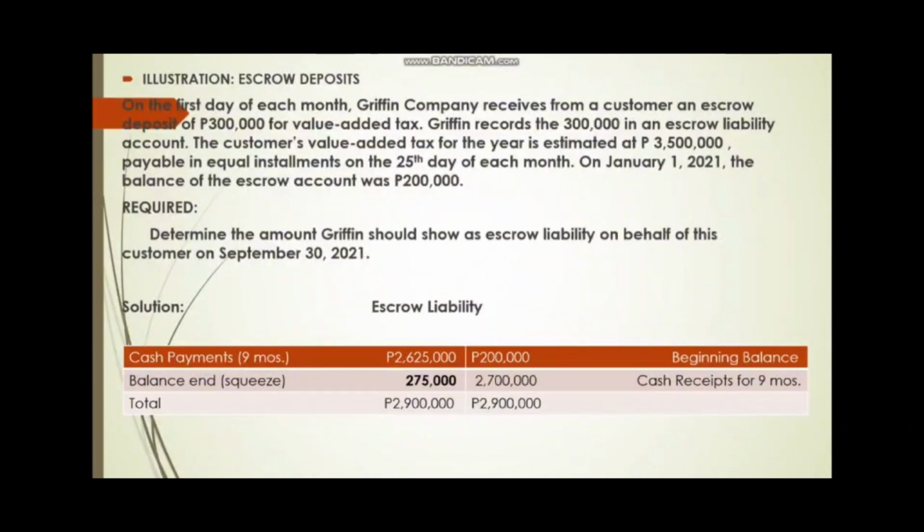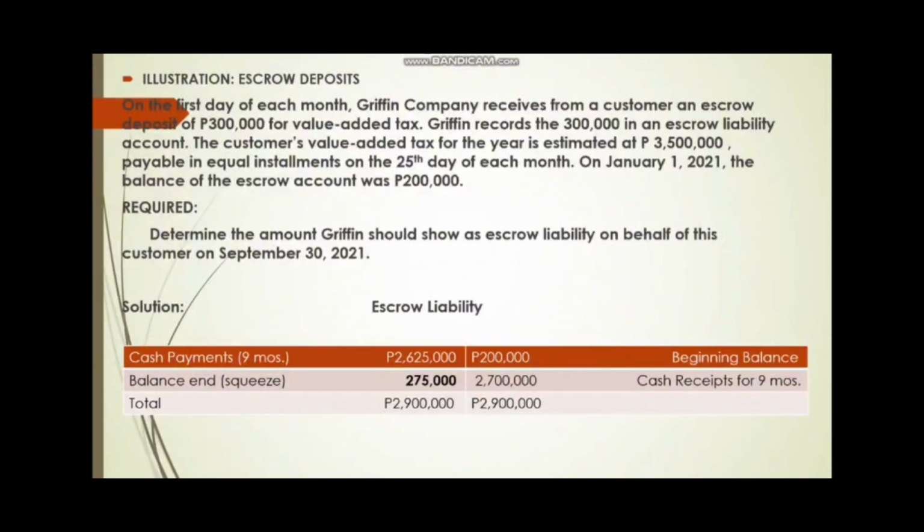What you will do is 3,500,000 times 9 months divided by 12 months. So this equals 2,625,000.